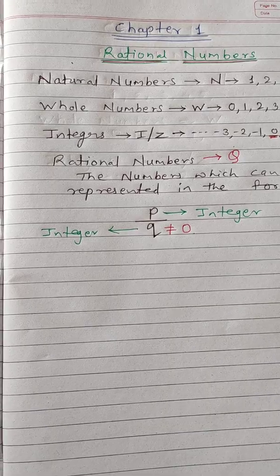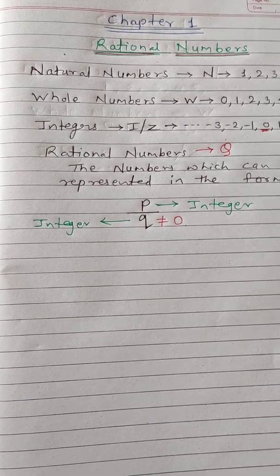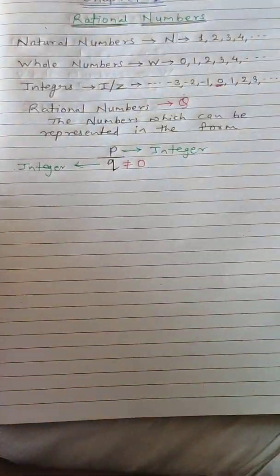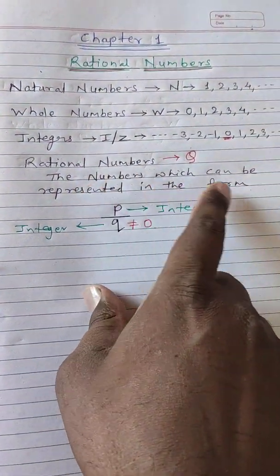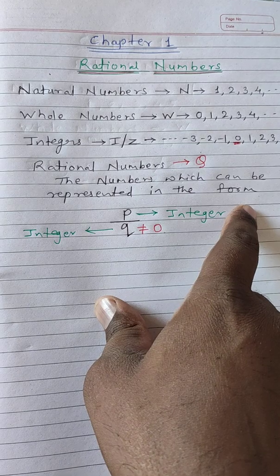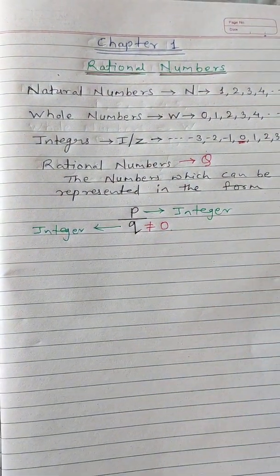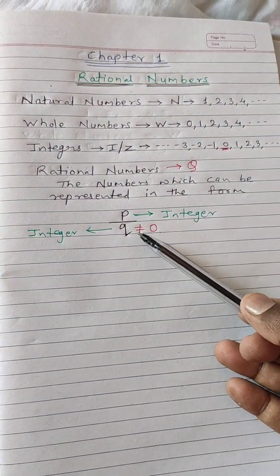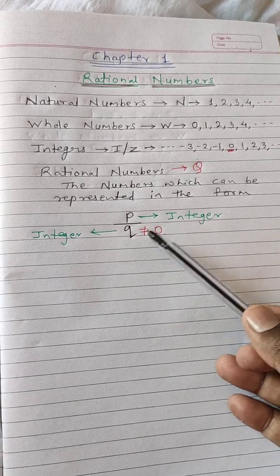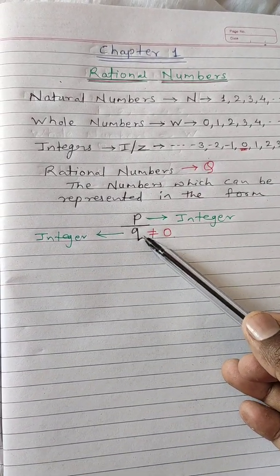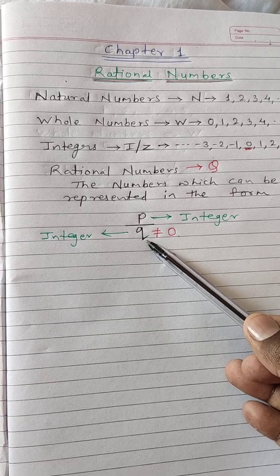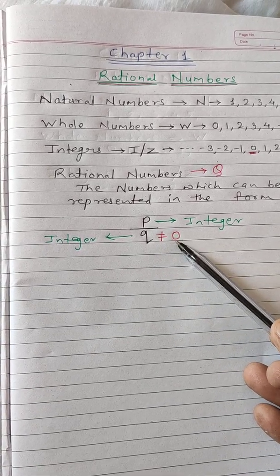Okay, this is the form of the rational number. Is that clear to everyone? So rational numbers are the numbers which can be represented in the P upon Q form, where P is an integer and Q is also an integer, and Q, which is the denominator, cannot be 0.